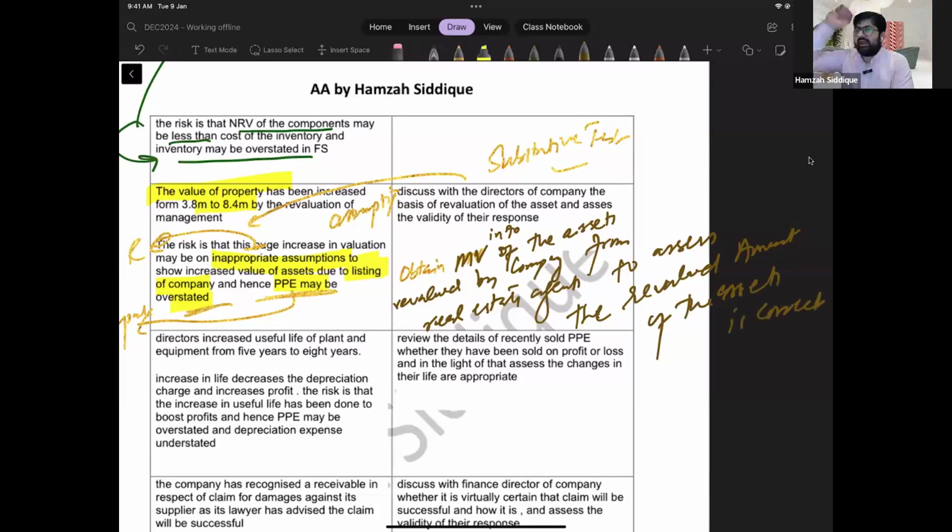So this is also a correct substantive test, addressing the same risk.